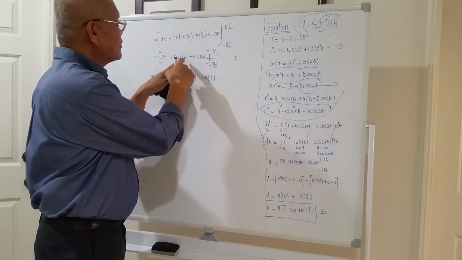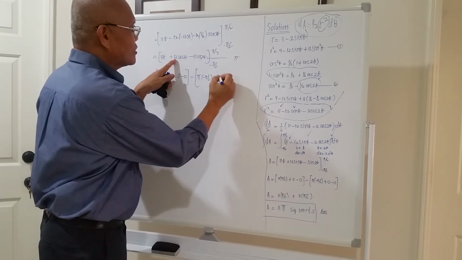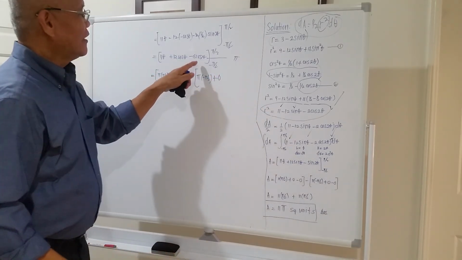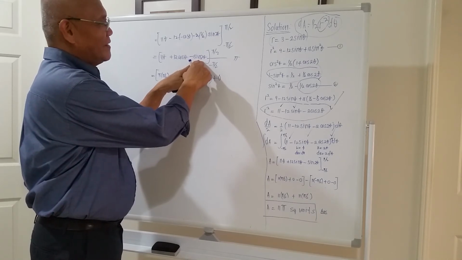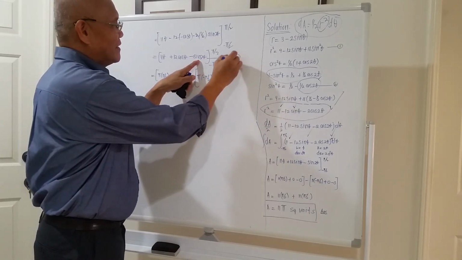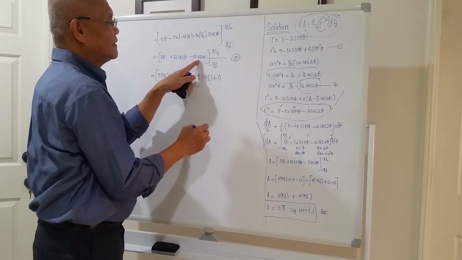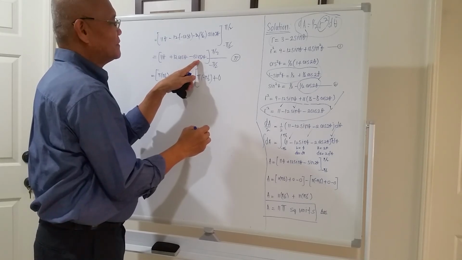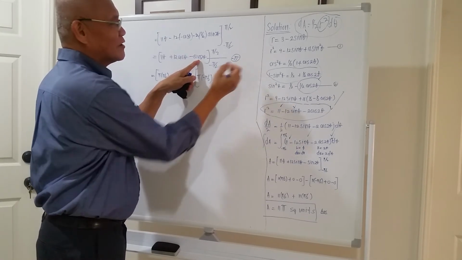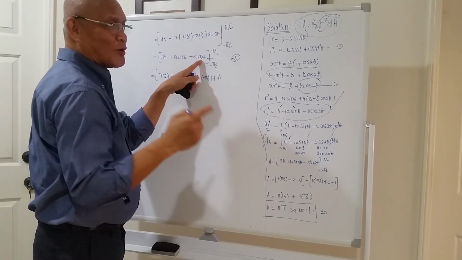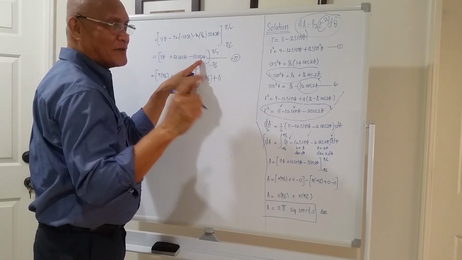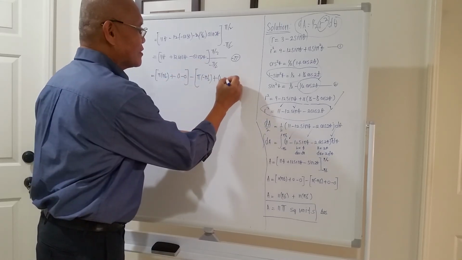So 0 times 12 will be 0, so this is plus 0. Even the double angle will become negative pi, negative 180. Plus 180 or minus 180, the value of its sine is actually 0. So this is minus 0.